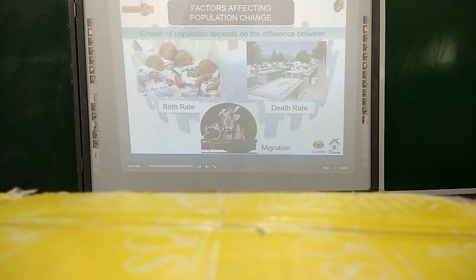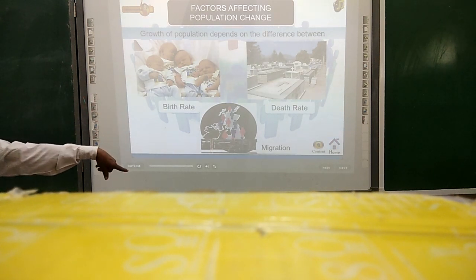Population change always takes place due to three main factors: number one is birth rate, number two death rate, and third one is migration. Based on these three factors, population changes.